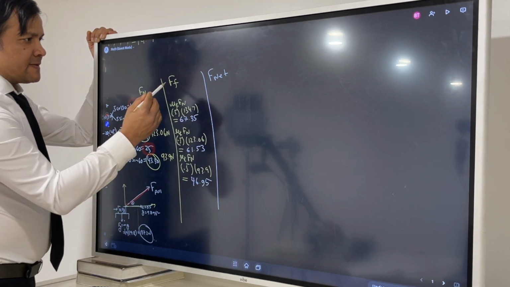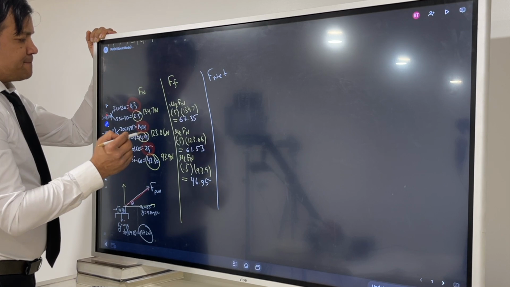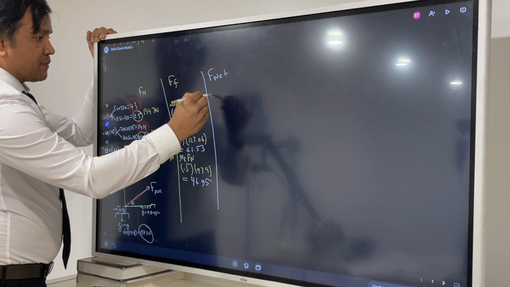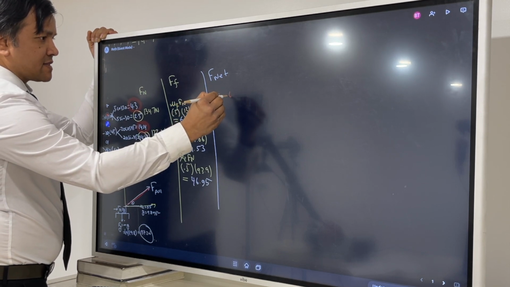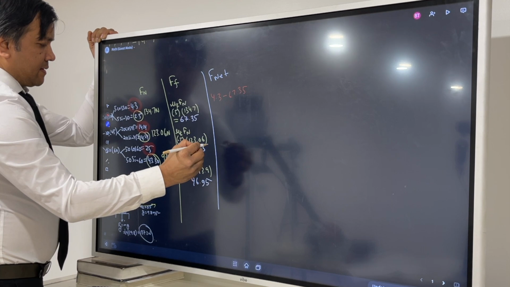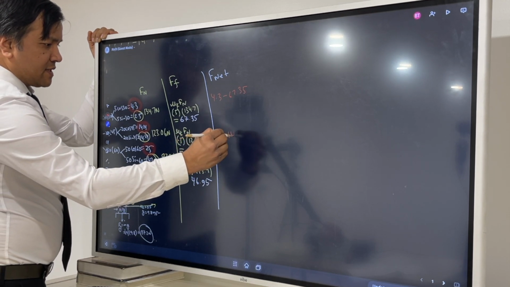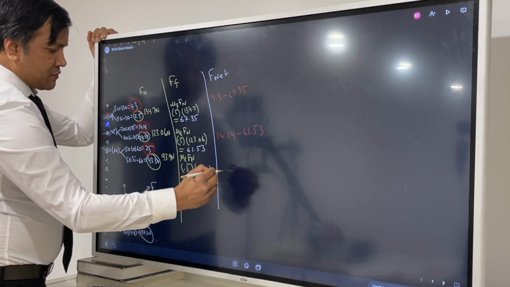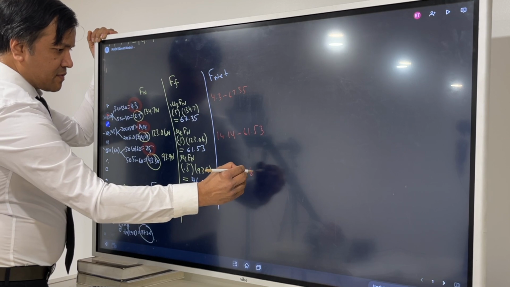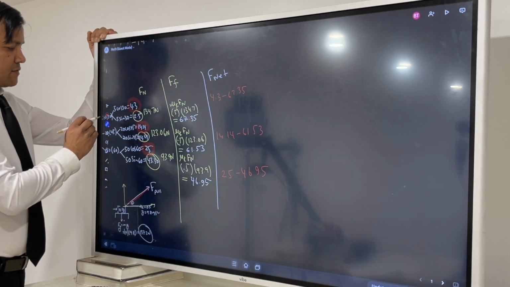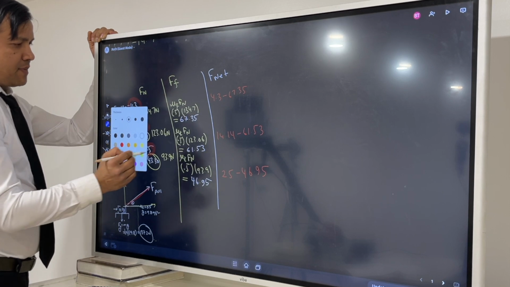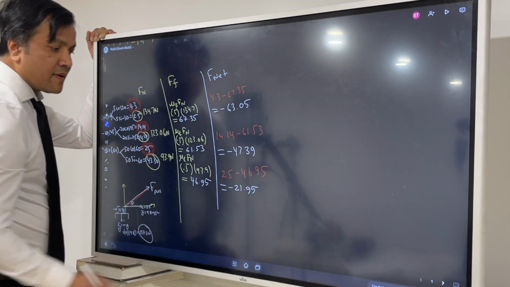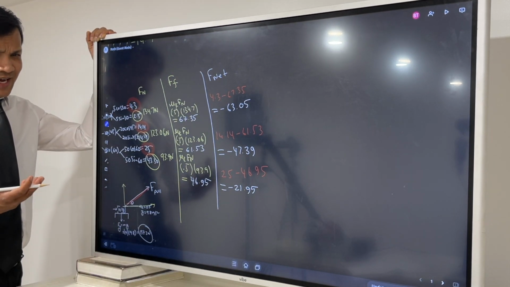Net force is of course in the x direction, so 4.3 minus 67.35, 14.14 minus 61.53, 25 minus 46.95, and we're going to calculate them. Let's see what happened. 1.95. Okay, so this is our net force.